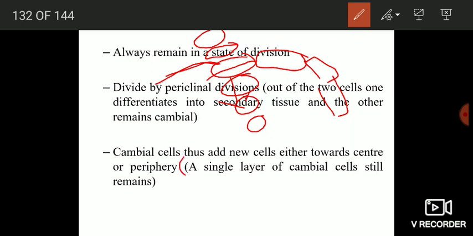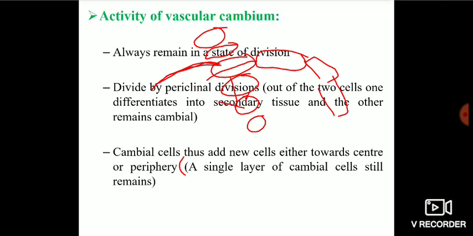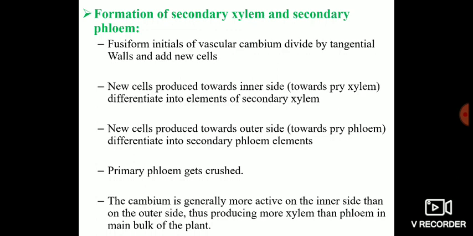A single layer of cambial cells still remains there. और यहाँ पे आपको हमेशा एक लेयर सेल्स का रहेगा, that will be meristematic, that will be cambial. याद रखना, a single layer of cambial cells go on adding cells both towards the inside of the stem and towards the periphery. Now the formation of secondary xylem and secondary phloem.